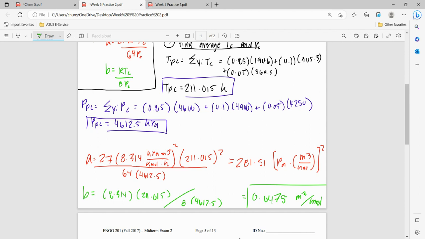Right, and that is our solution to this part of our question.